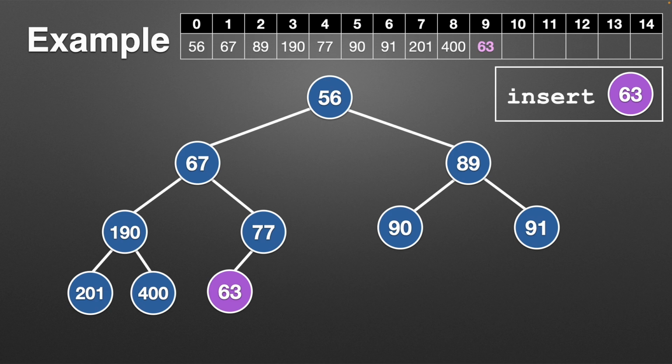So it will go down here, and then we've placed it there. So now we need to check to see if, for node 63, this min heap property is satisfied. And so what we do is we take 63, we look at its parent 77. 77 is greater than 63. So is it satisfied? No, it's not.